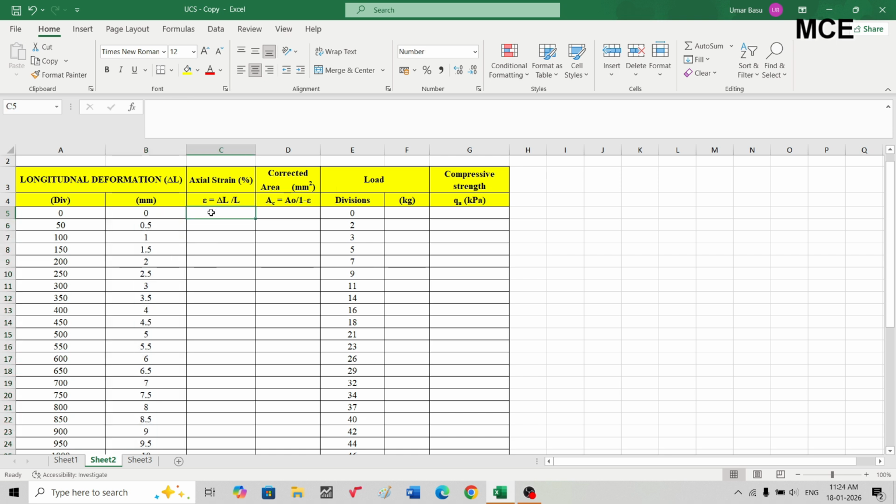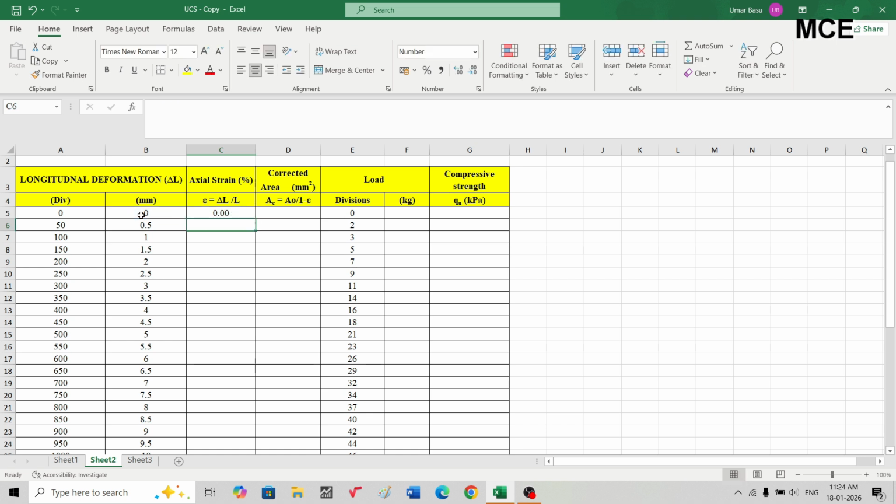After that we have to calculate the axial strain. Simply write equal to, then bracket, then deformation, that is, select this first cell, divided by the length of the sample in mm, which is 75, since deformation is in mm, you have to take the length also in mm. Close the bracket and multiply it with 100, since we have to calculate the strain in percentage.